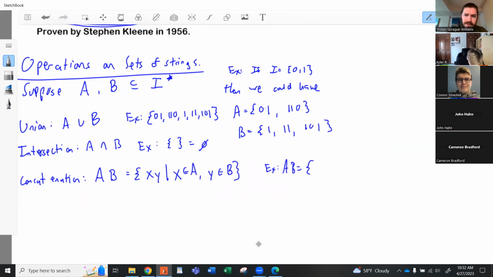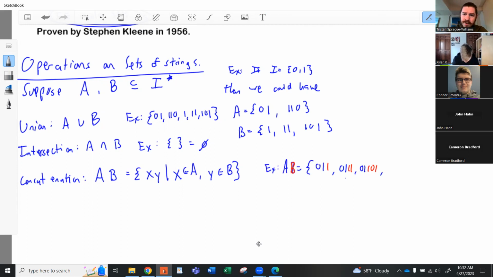We could do something from A, like 0, 1, followed by something from B. Let's have B be in red, just to distinguish them. Or we could have 0, 1 followed by something else from B. Or 0, 1 followed by some other thing from B. We have all of the different possibilities of taking 0, 1 and then following it with some string from B, right?